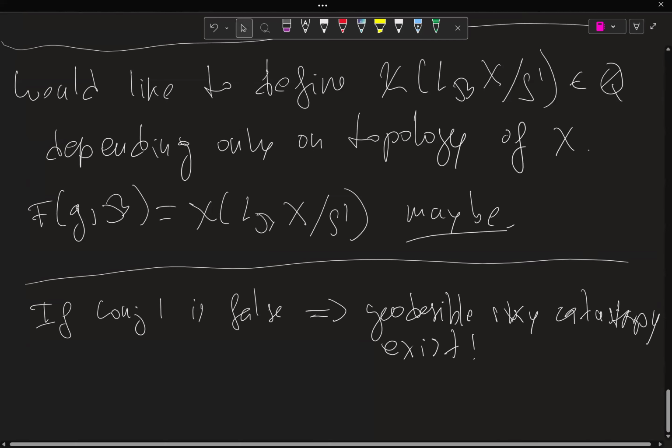I think that would be quite amazing. That would definitely surprise a lot of people in dynamical systems. Anyway, I don't think it's possible, but who knows?